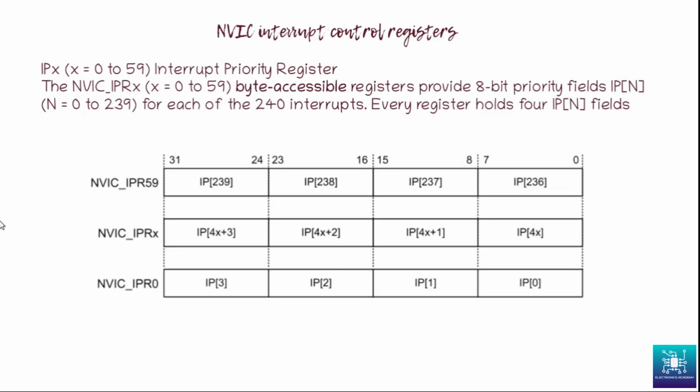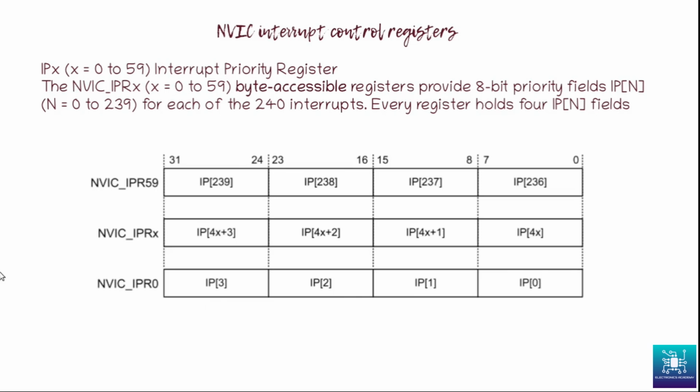Now this is the interrupt priority register, as we saw in the SCB, and these registers are byte accessible. You have 59 or 60 registers which are byte accessible, and they provide 8-bit priority fields for each of the 240 interrupts, and every register holds 4 IPR fields. It is not shown here, but like the SCB, these registers will also have their fields divided into 4 bits and 4 bits, and we can only write into the upper 4 bits.